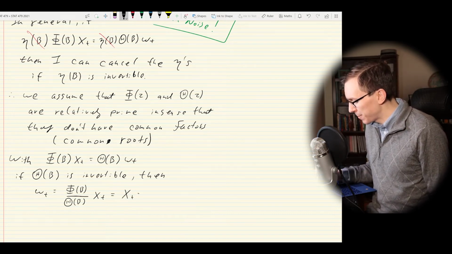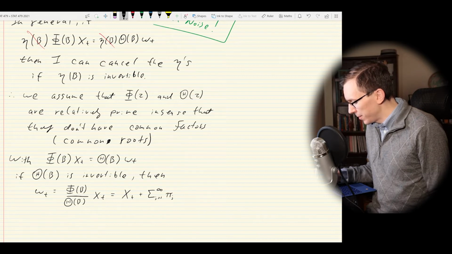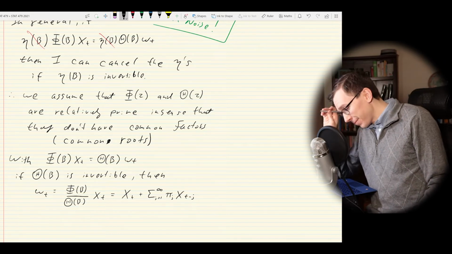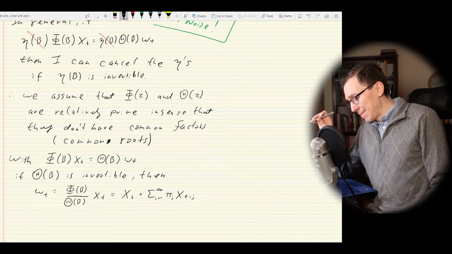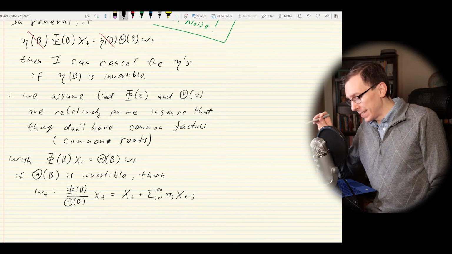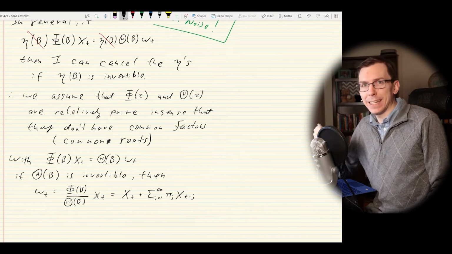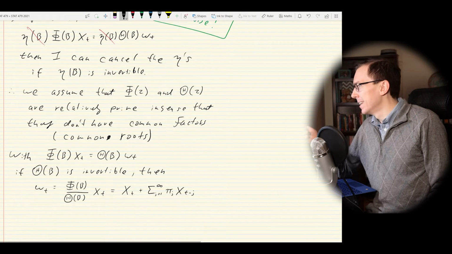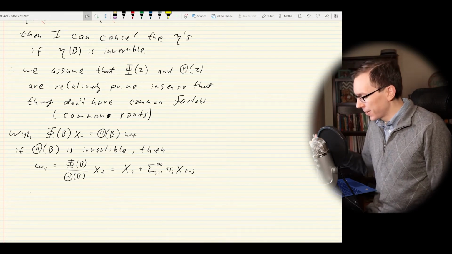That was the notation I used before, pi. Now I remember. So what it's going to look like is something like x_t plus the sum j from 1 to infinity of pi_j x_{t-j}. The idea again is that because we assume that theta is invertible, this infinite summation makes sense in the sense that the pi's will decay to 0 fast enough.